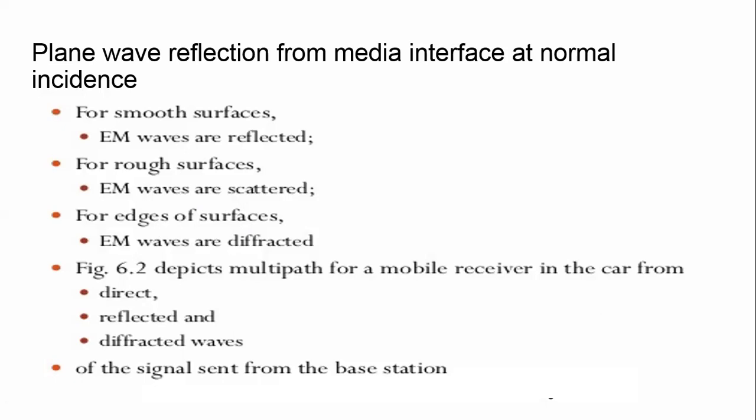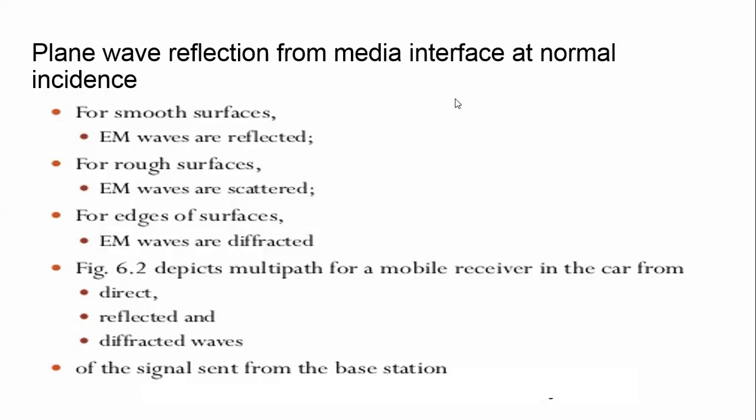Similarly, all these things we can observe in one example, that is the multipath for a mobile receiver. If you are moving from one place to another in a car and you have a mobile, then at that time the direct, the reflected and the diffracted waves can be observed in all the signals transmitted and received from the base stations.